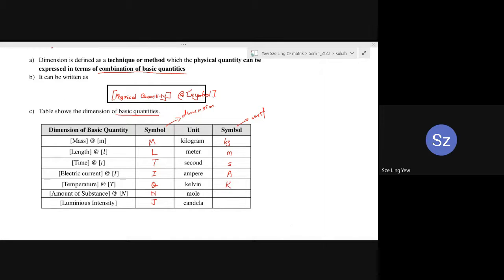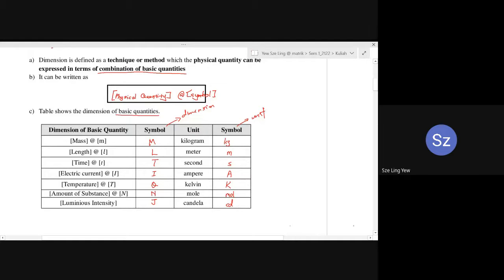It's not degree C. This is a very common misconception among students. Remember, the SI unit of temperature is Kelvin. For amount of substance, it is mole, and luminous intensity is candela, so your symbol is cd.